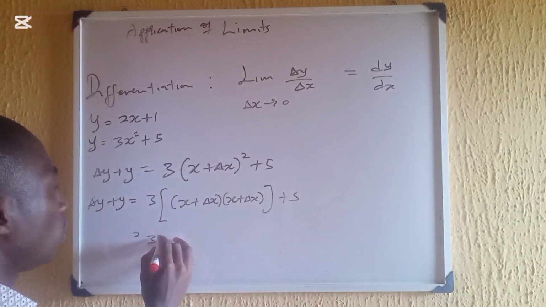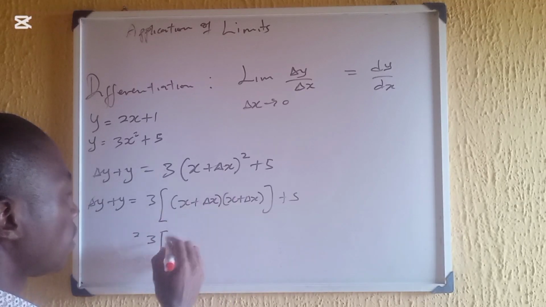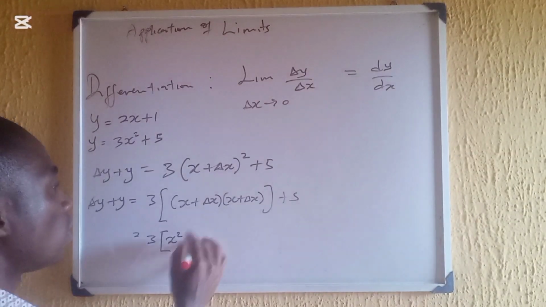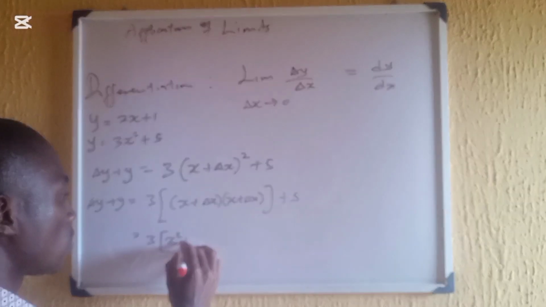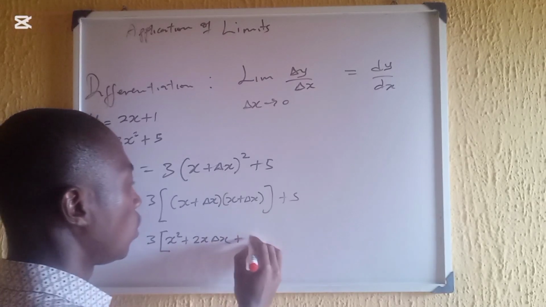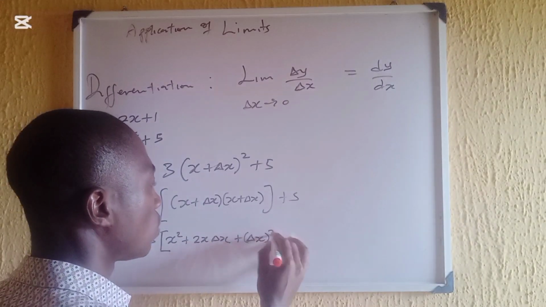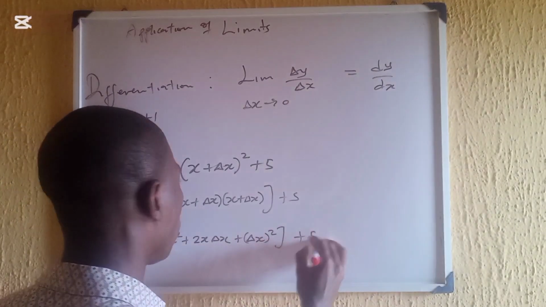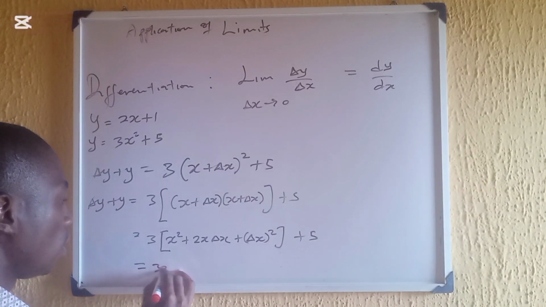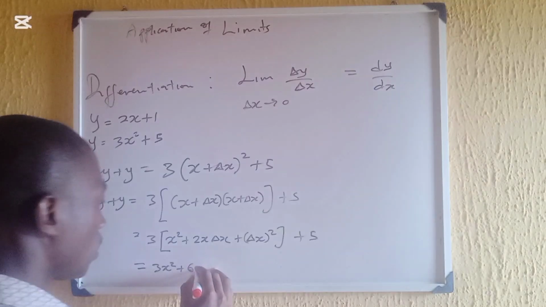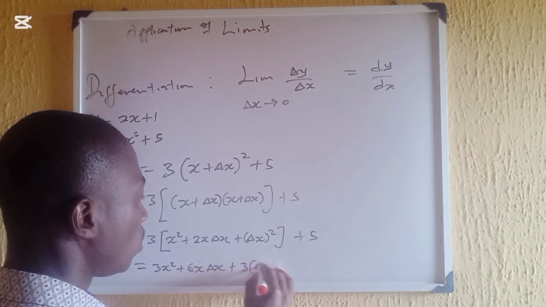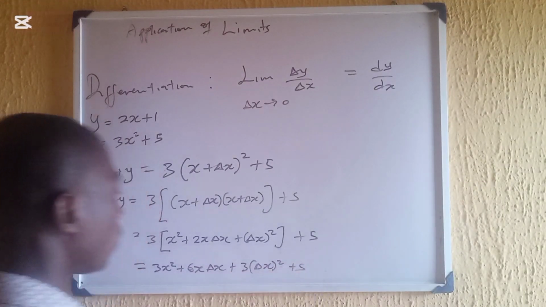So we'll be having 3 into x times x, x squared, x times change in x, that's x change in x, plus x times change in x, that's x change in x, so 2x change in x. Then we'll be having plus change in x squared, then plus 5. Multiply everything in this bracket by 3. We'll be having 3x squared plus 6x change in x plus 3 change in x squared plus 5.